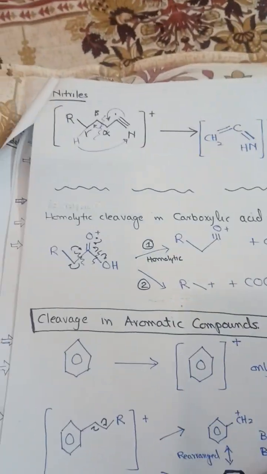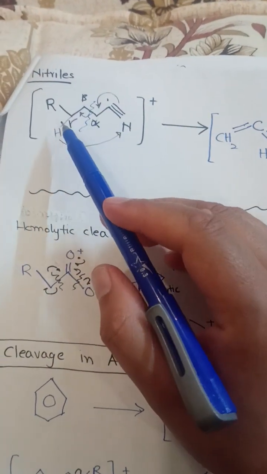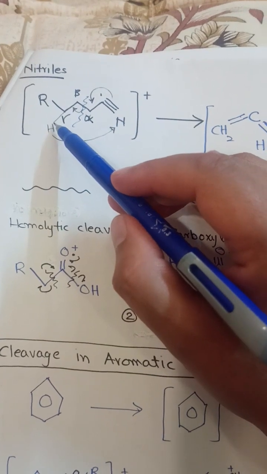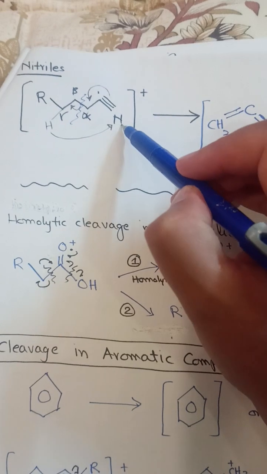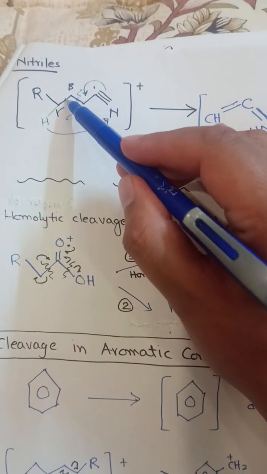Now in nitriles, again is the case. Here we have a gamma hydrogen, so this gamma hydrogen will be shifted towards this nitrogen due to the lone pair of electrons, and this bond will be shifted here, and this bond towards this.